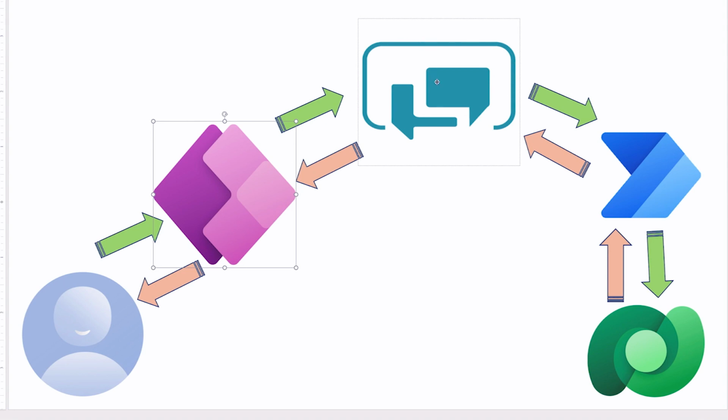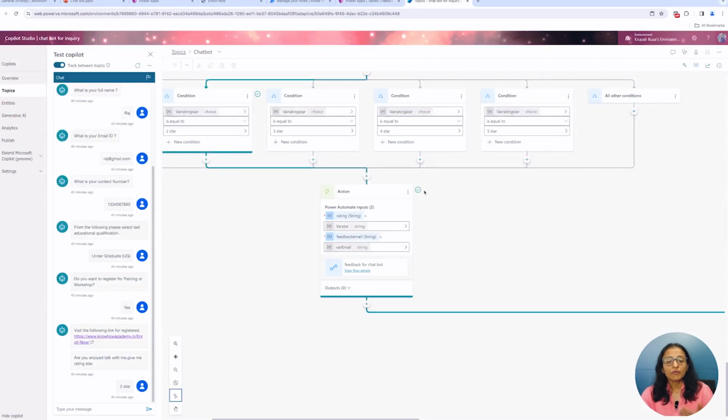And sometimes if data is needed by the Power Virtual Agent, then via Power Automate, Power Virtual Agent communicates with the Dataverse. Now you may have a question, what is Power Virtual Agent, what is Power Automate, and what is Dataverse? Power Virtual Agent is a type of software as a service using which you can develop a chatbot.